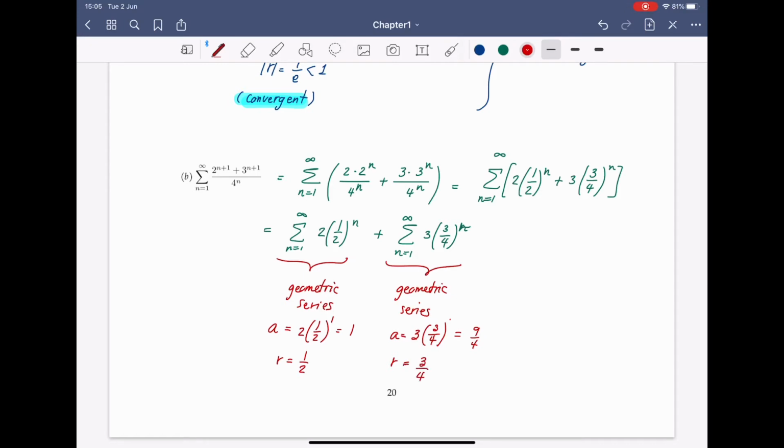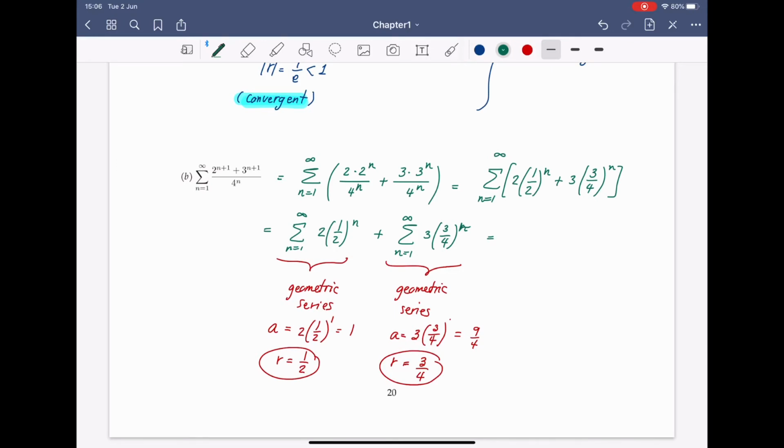So both series are convergent because our r here is 1 half and 3 over 4, so both of them are less than 1. So both series are convergent.